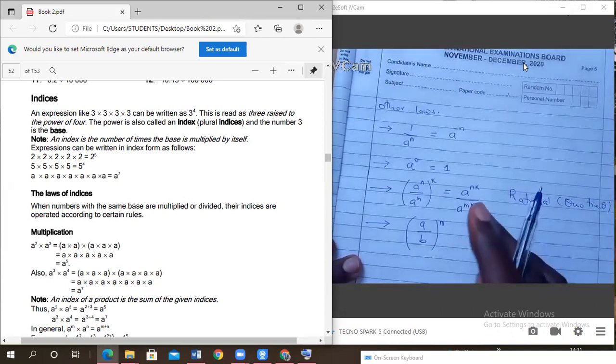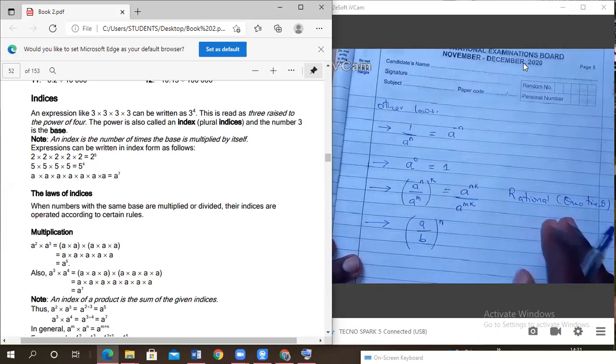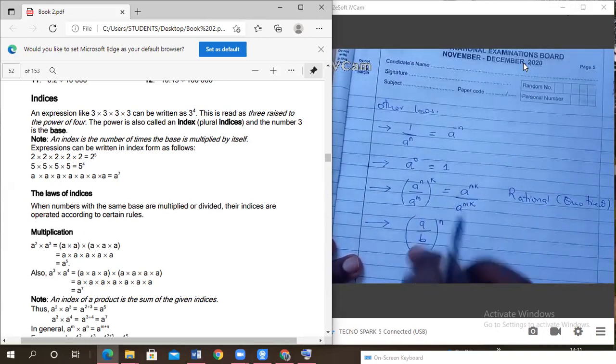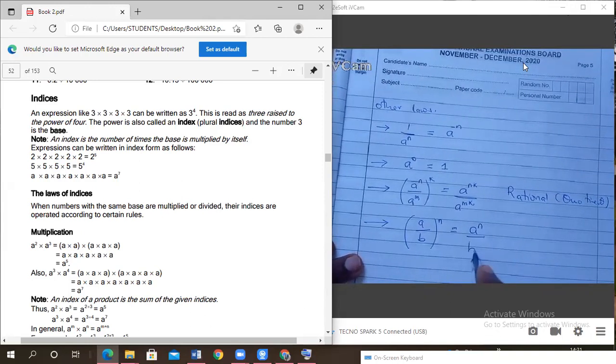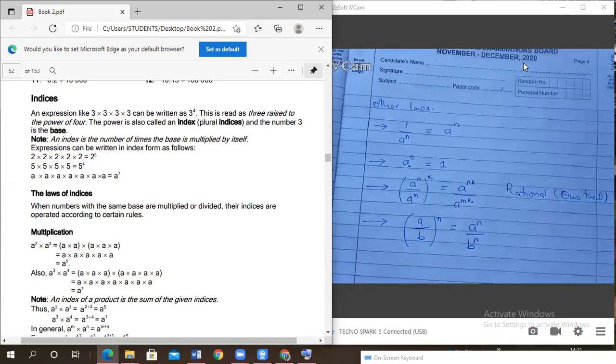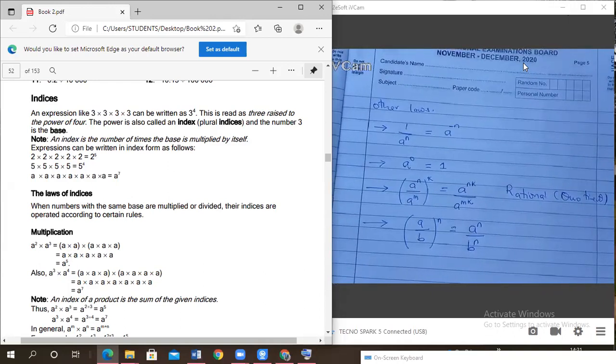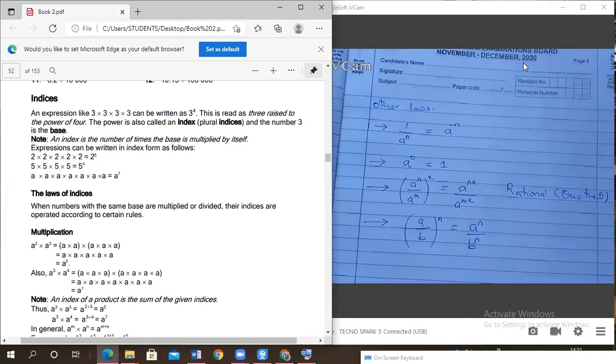So the law also permits us to distribute the power. So the power is for a and for b. So this one is the same as a to the power n divided by b to the power n. There are very many. We can generate thousands of them, but the most important ones are the first three that we have looked at. Are you together?